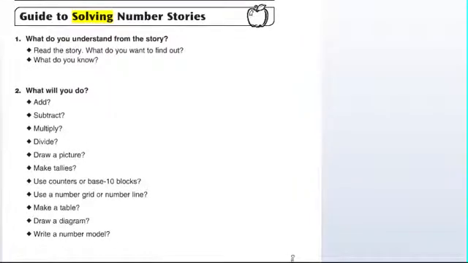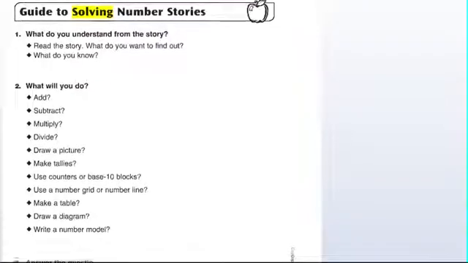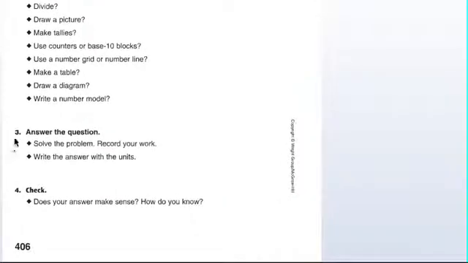When we solve number stories, we have to do 4 things. The first one is, what do you understand from the story? The second part is, what are we going to do to solve it? The third part is to answer the question, including writing our answer with units. And the fourth step is to check our work, checking to see if our answer makes sense and how we know.